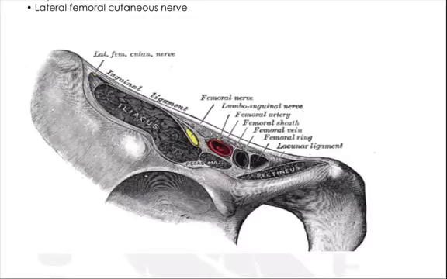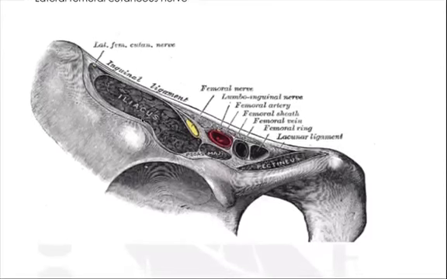Normally, it allows the passage of the femoral vessels, lymph nodes. So these lacunae are two types, as I said, the lacuna vasorum and the lacuna musculorum. You have to know the components of those two parts.